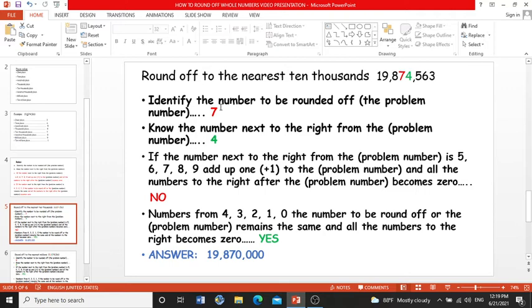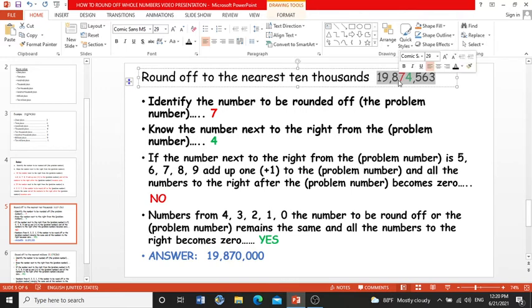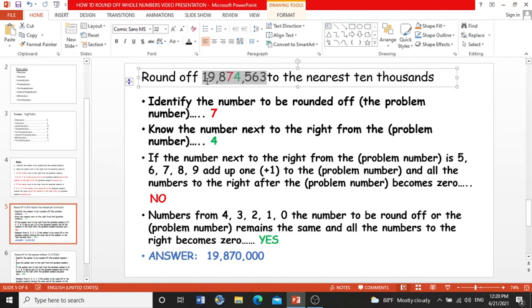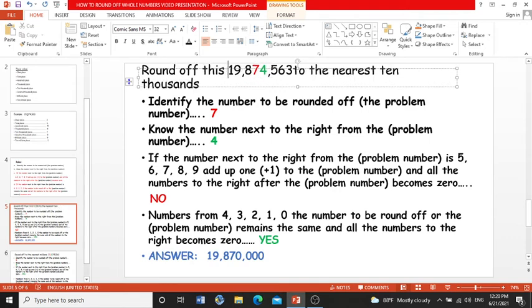So, look at this. Round off this number to the nearest ten thousands.